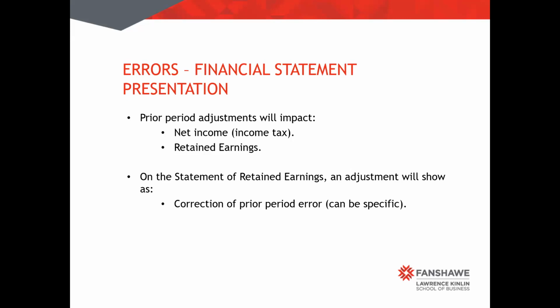And on the statement of retained earnings, an adjustment will show as a correction of prior period error, and you can include a little explanation. Maybe you put in brackets, amortization error, or bonus accrual error, or whatever that might be, warranty revenue adjustment.